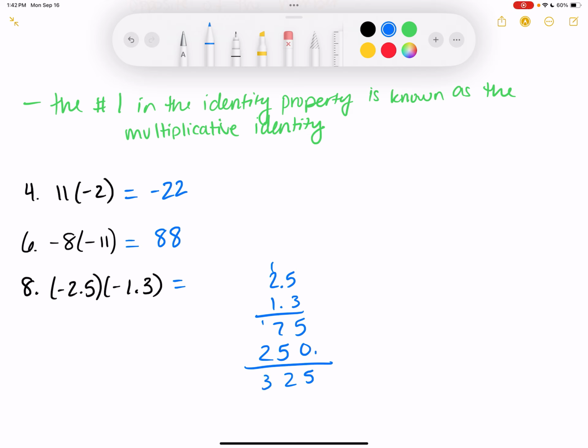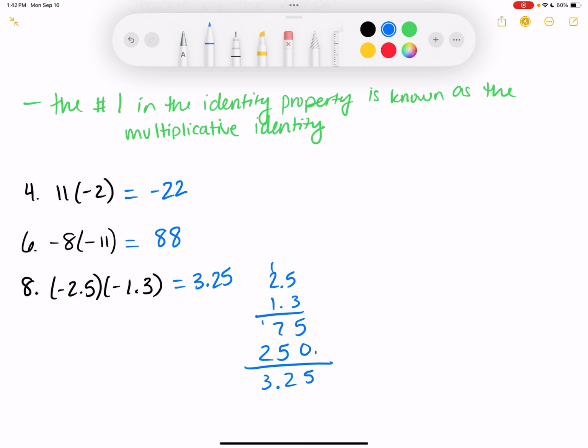Move the decimal 2 places, so this is 3.25. So do not just go, that's 3.25. There should be work with it, and it should be near it.